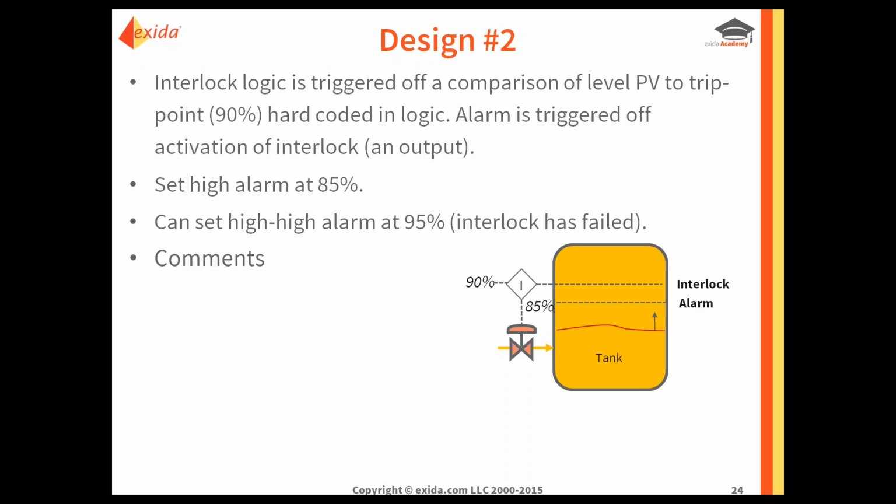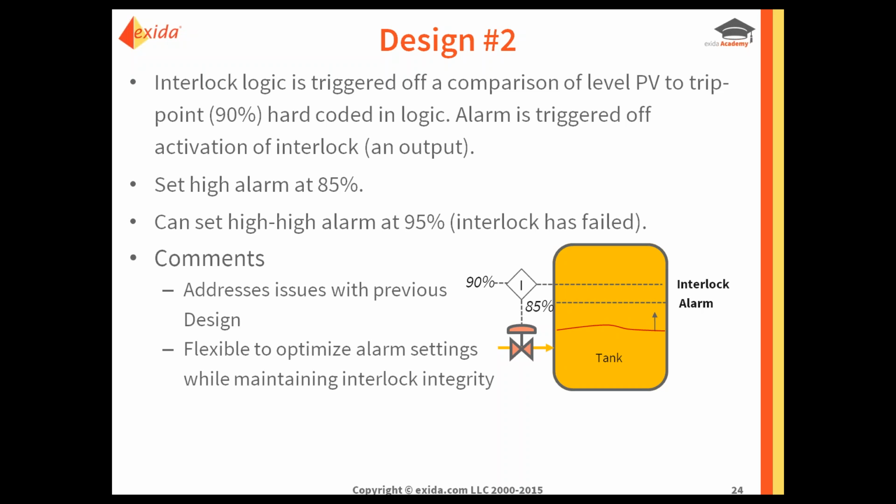And then once the interlock is activated, use that to create the interlock activation alarm. We can set the high alarm at 85%, and then we can even define another alarm, a bonus, a high-high alarm at 95%. That would let us know if for some reason the interlock did not work or did not activate.